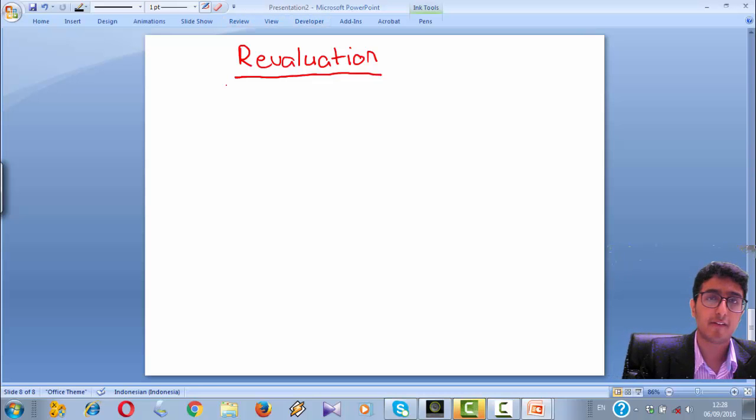Revaluation takes place. Let me explain first what is revaluation. Revaluation simply means that the value of our asset is now changed. It can go up, meaning the value of our asset goes up, or it can go down.